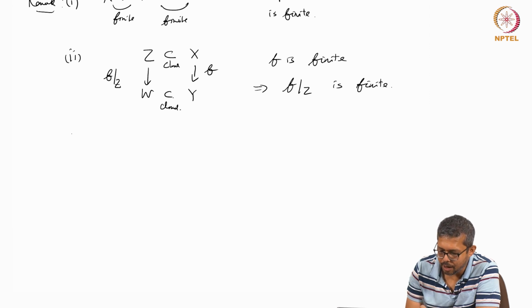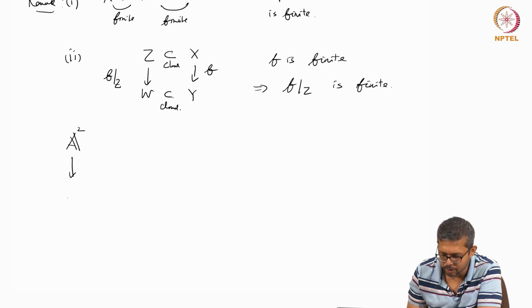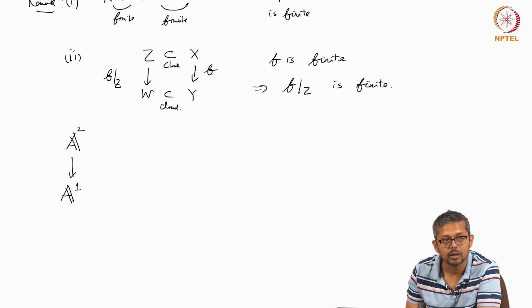I mean, there are. For example, consider this map. Not always are the images of maps closed. One example of a non-closed map: you take this map from A2 to A1. This map is just the projection map.